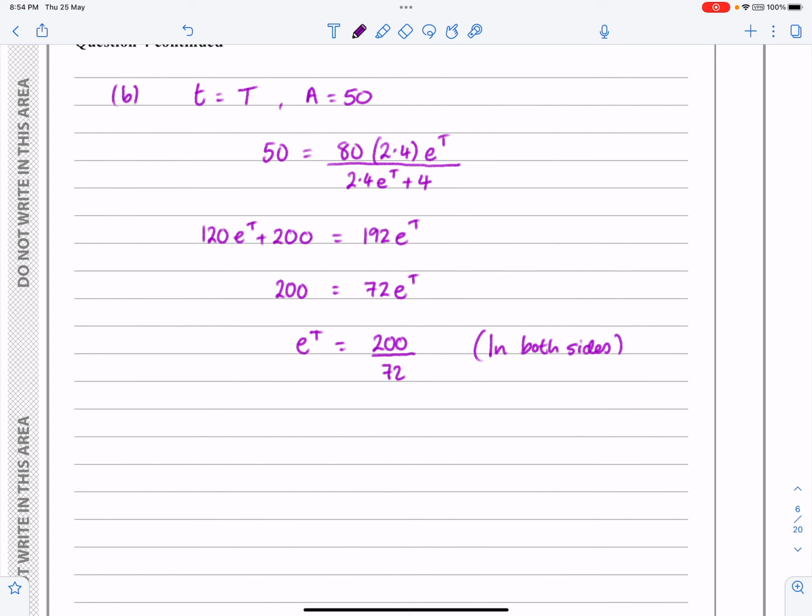In this case, if I've got e and I want to get rid of it, I log both sides. You could write log e^t, but that would be silly. The whole point is that log and e cancel each other out. So we're going to get t works out to be log of whatever 200 over 72 worked out to be, and that works out to be equal to 6.8.